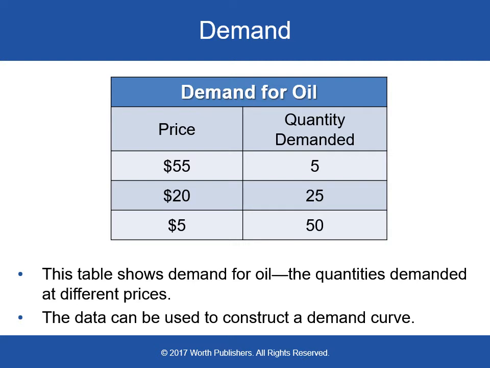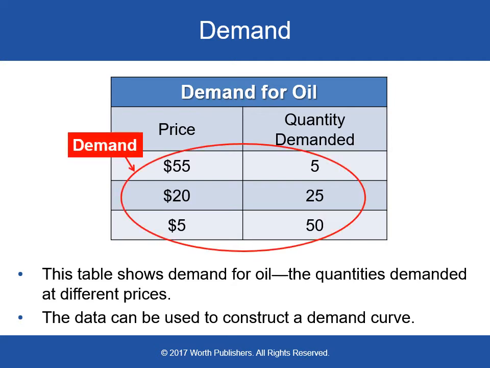Now, that 25 units could mean 25 million barrels. So if the market price, the world price of oil was $20, according to the information we have here, the world, all the buyers put together, would demand in total 25 million barrels.